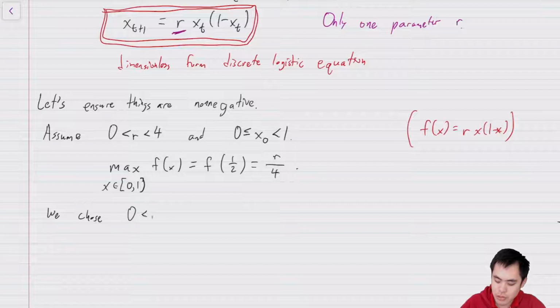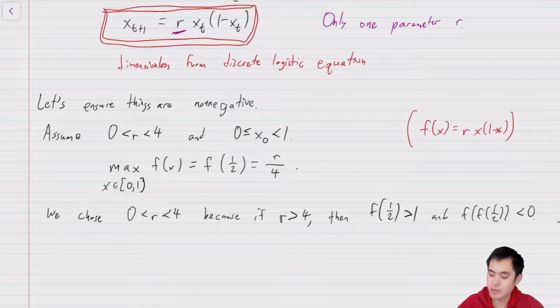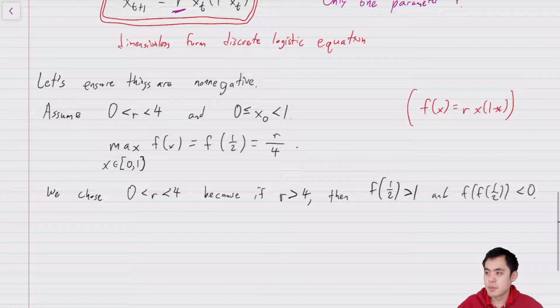We chose r greater than 0 and less than 4, because if r is greater than 4, then f(1/2) is greater than 1, and then the next iterate becomes negative. So we need that. So that's why we have these bounds on r.